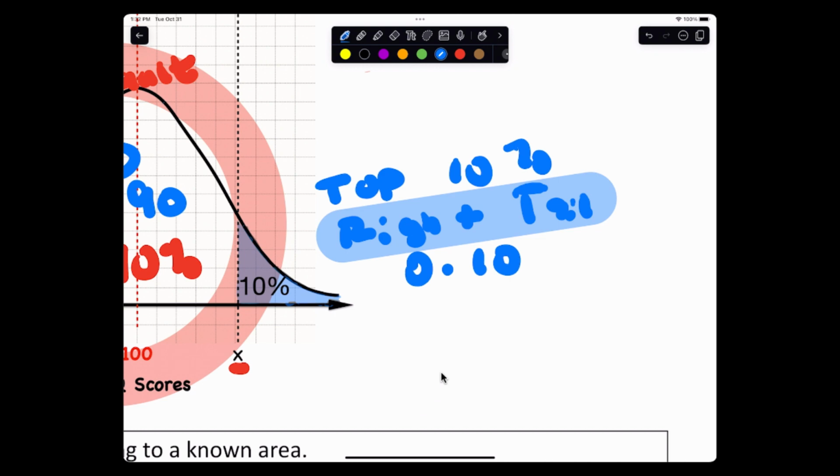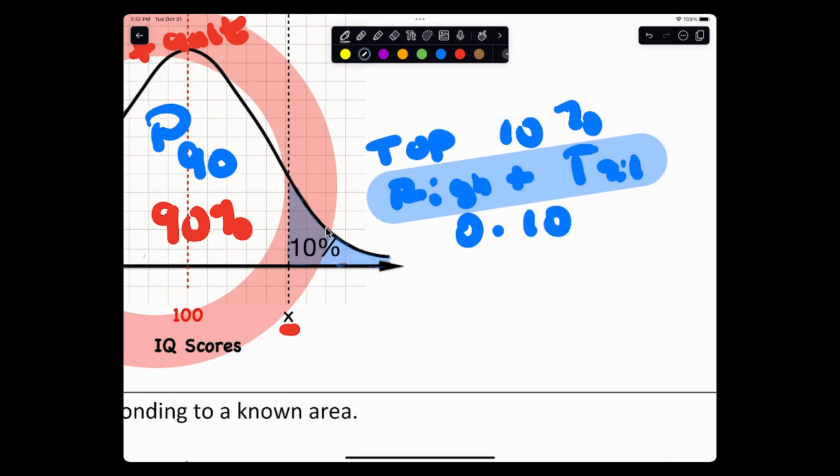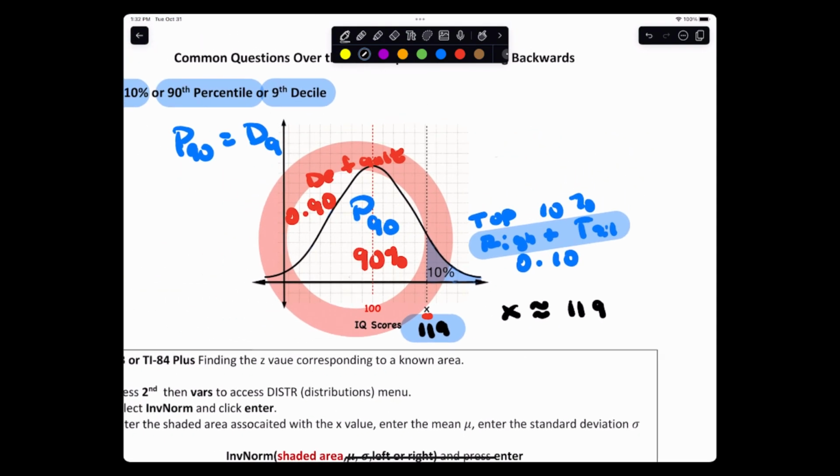Let's see what we end up with. Paste that in. What's the IQ score? 119. So, ladies and gentlemen, that number over here is 119. X is approximately 119.